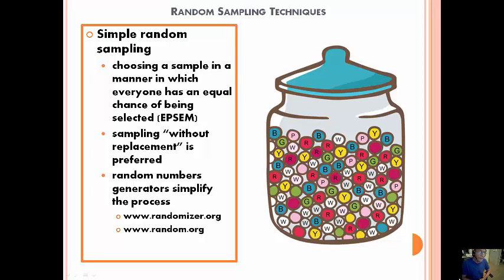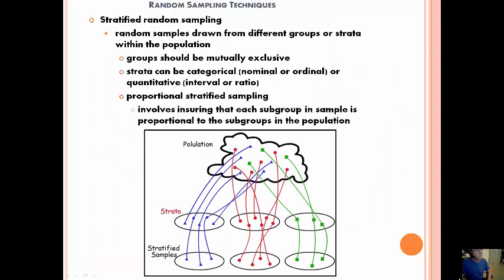So if we have 1,000 marbles in a jar, then each marble has 1/1,000th of a probability of being selected. There are randomizing programs online that you can get. One is www.randomizer.org and the other is www.random.org. You can see that on the screen as well.